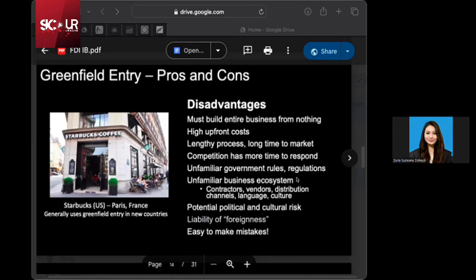Potential political and cultural risk, liability of the foreigners. The foreigners meaning that I think in any country they introduce a campaign where you have to buy from local product, you have to support local product, especially here in Malaysia as well. I think since I was young, we have this campaign barang buatan Malaysia, right?